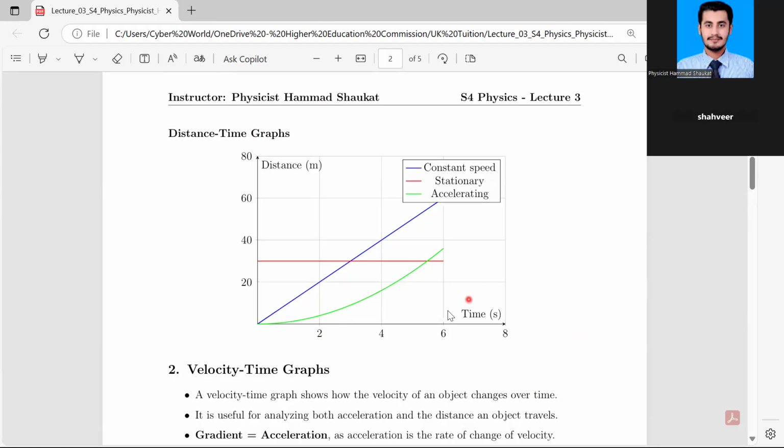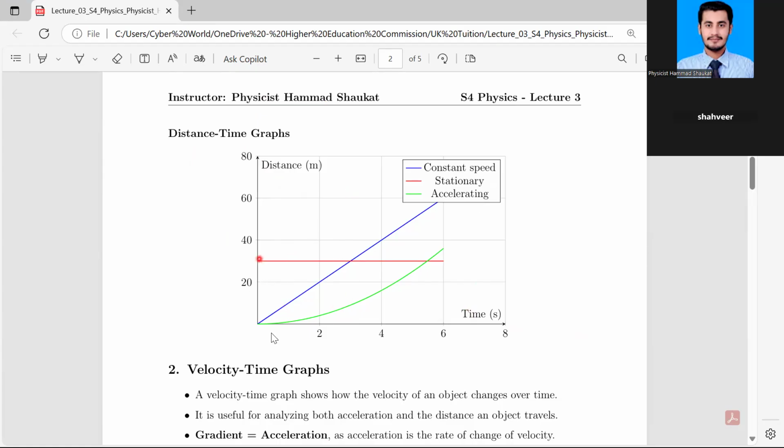We always take time on the x-axis because time is an independent quantity. And we take distance, which is the dependent quantity, on the y-axis because distance depends upon time. We are making a distance-time graph, so distance on the y-axis and time on the x-axis.